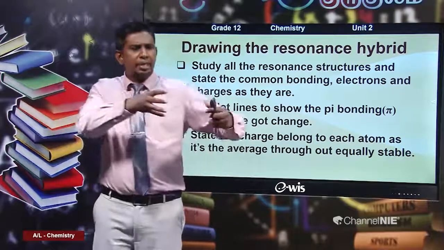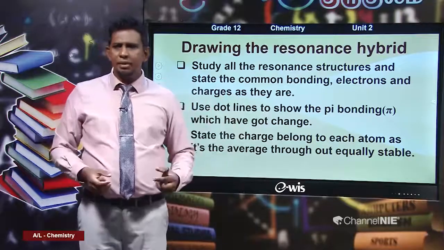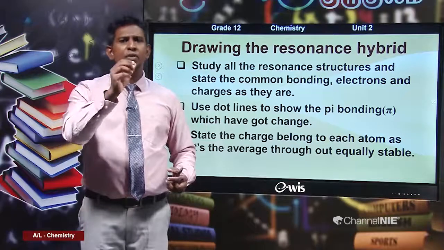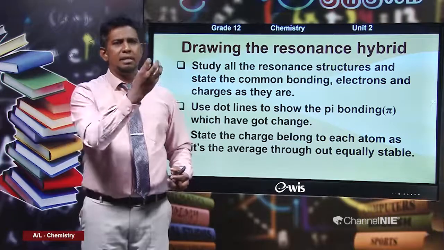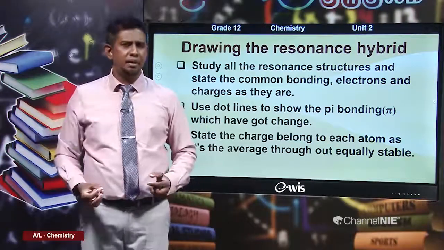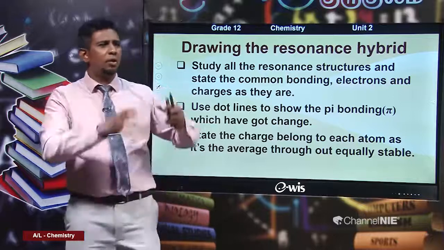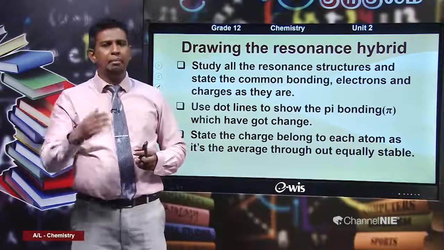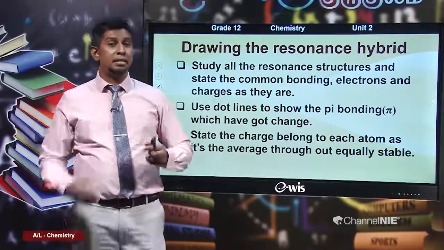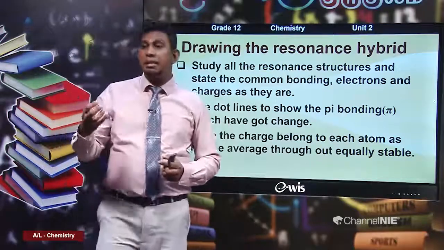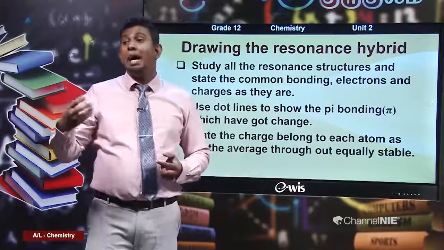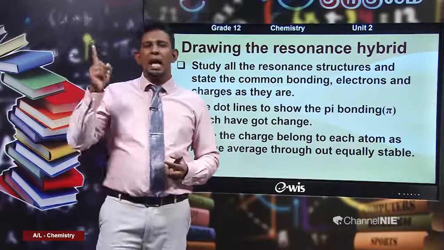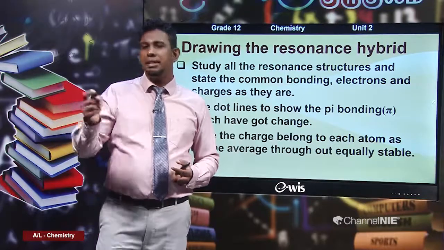Then you take the total. Then you find the number of structures, meaning how many structures you have considered. Then you divide the total charge belonging to that atom by the number of structures. That's the average you are giving. You give the average charge on each atom.